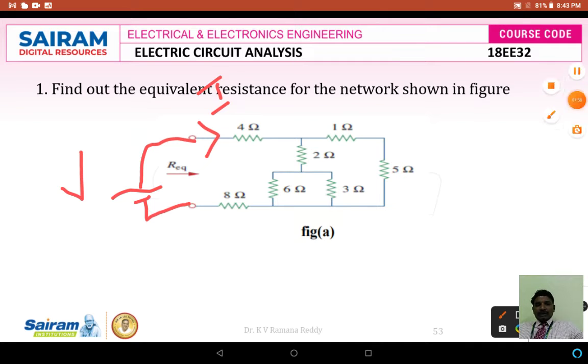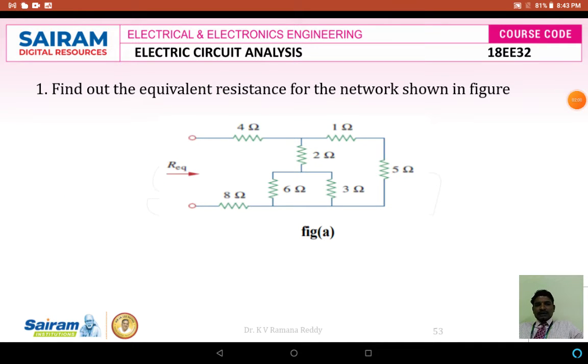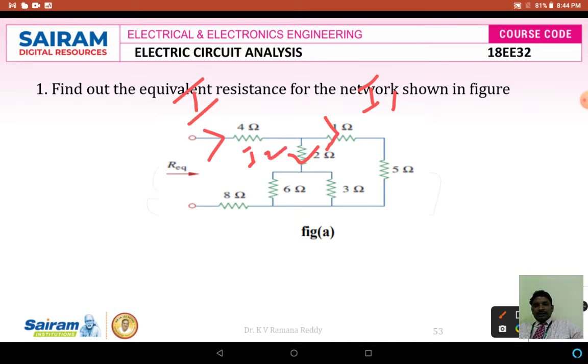Now this current I is going to divide into some other currents, I1 and I2. Now again this I2 is divided into another two currents, name them I3 and I4.